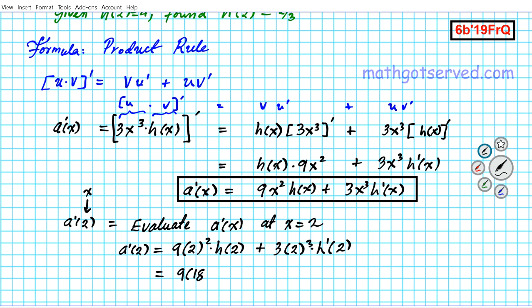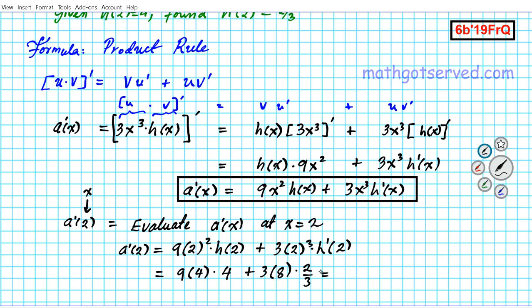You have 9 times 4 times h of 2. This was given, okay? h of 2 is 4 plus, and then PEMDAS here again, 2 to the third is 8, so it's 3 times 8. And then h prime of 2, we've just found that in part A using the slope of the tangent line, and we found that it was 2 over 3.